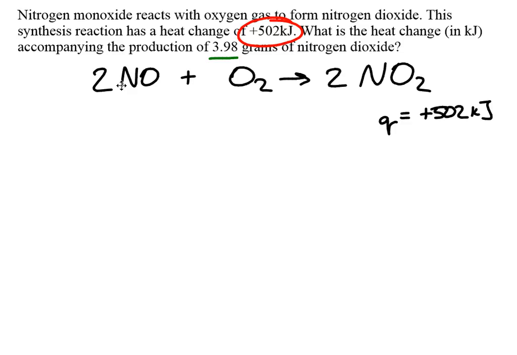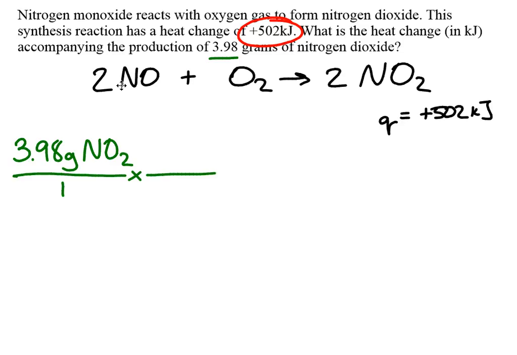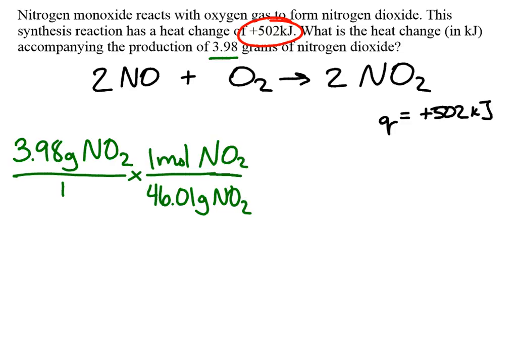So I'll start with that. 3.98 grams of nitrogen dioxide over 1. And I know that for every 46.01 grams of nitrogen dioxide, I have 1 mole of nitrogen dioxide. Pretty basic, just like any other stoichiometry problem, I have to get to moles.